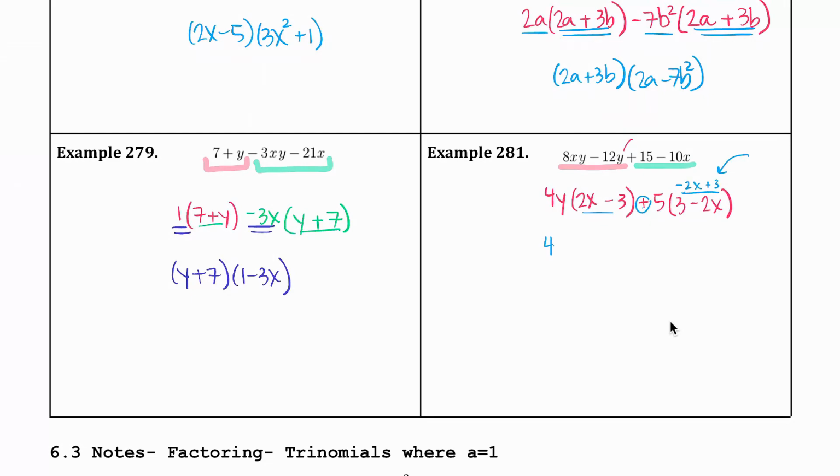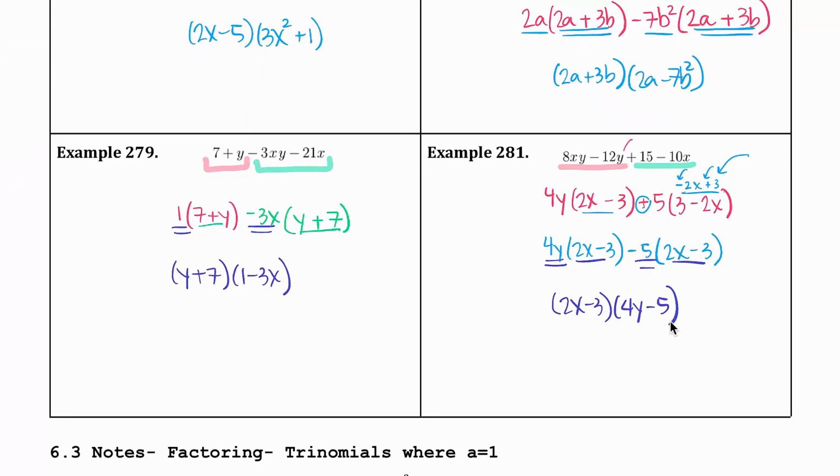So let me rewrite that one more time. 2x minus 3. I'm not going to change the first one because that's fine. I'm going to change this to taking out a negative 5, which is now going to flip this to a positive, flip this to a negative. It's going to turn into positive 2x minus 3. Now these are the same. Okay, so now we can take out our matching binomial, 2x minus 3. We're left with 4y minus 5.